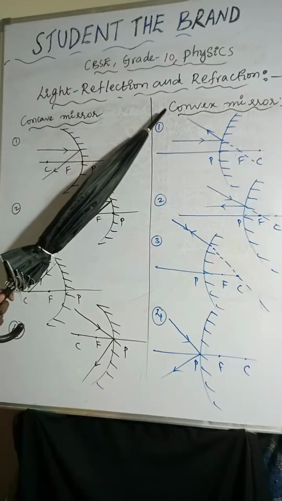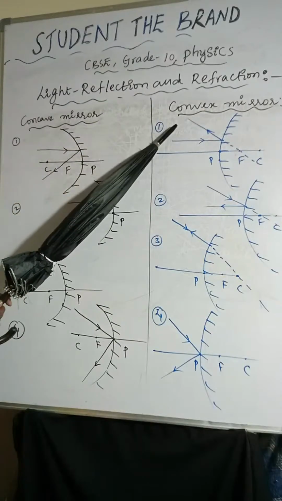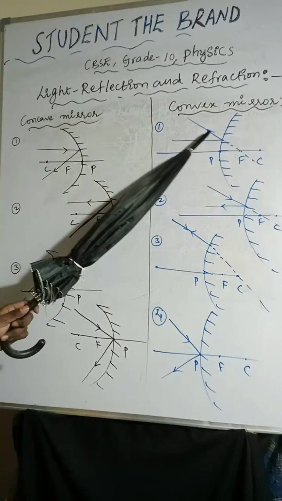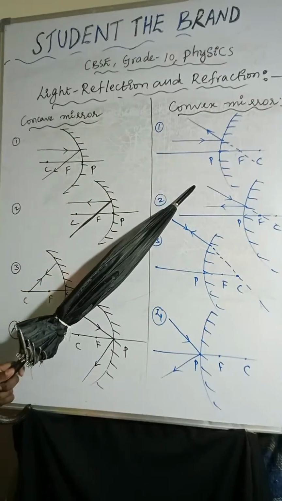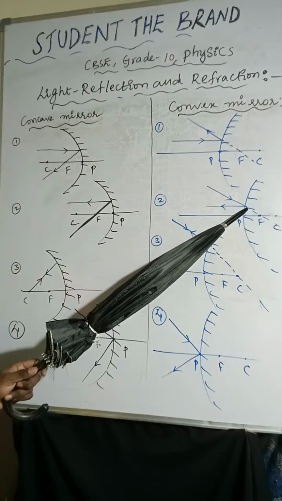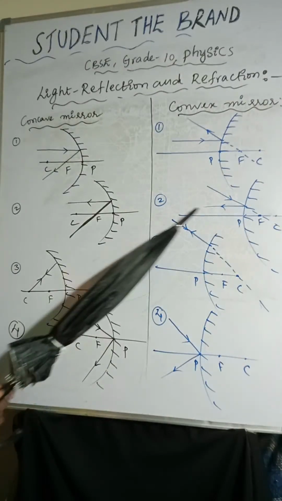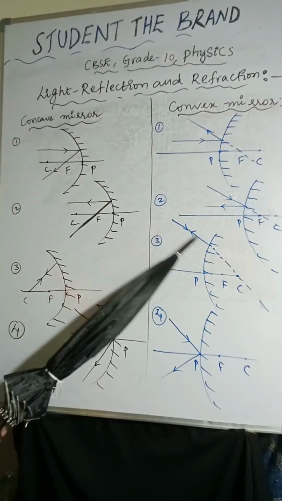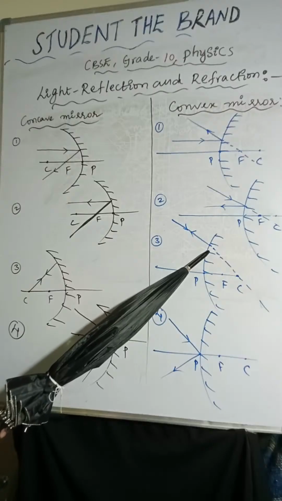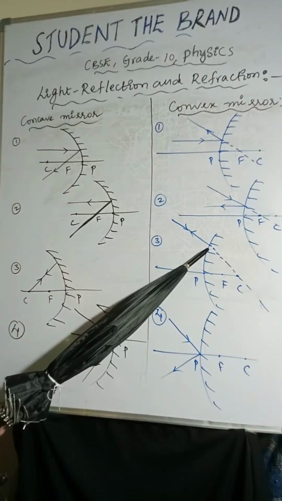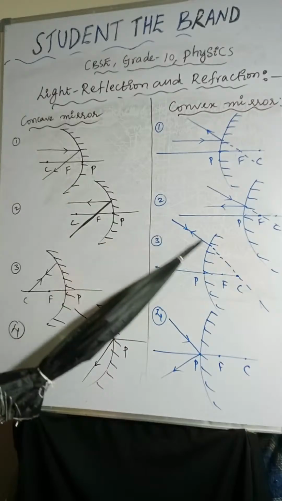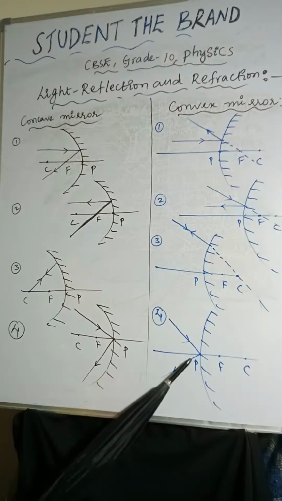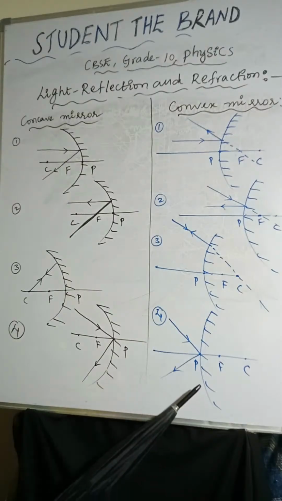In the convex mirror, light rays coming from infinity pass through the focus after reflection, and rays passing through the focus move towards infinity. Rays incident toward the center of curvature move back along the same path. And here, a light ray incident at the pole reflects back.